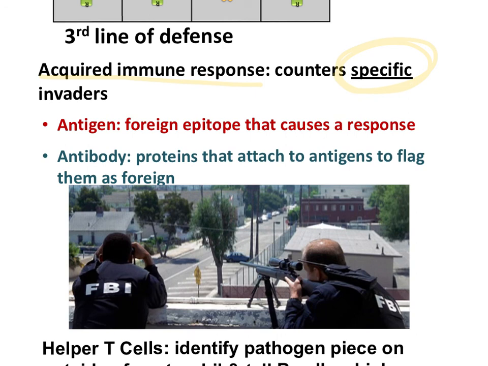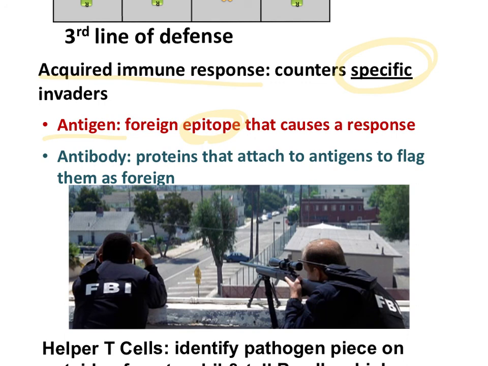There's some vocab here that you will need to know. An antigen stands for an antibody generator. An antigen is a piece of a pathogen that causes a response. So it is an epitope that doesn't belong. Epitopes could be good or bad.